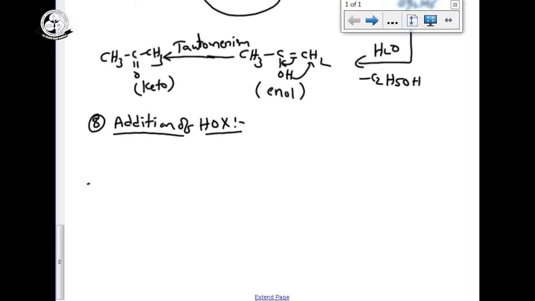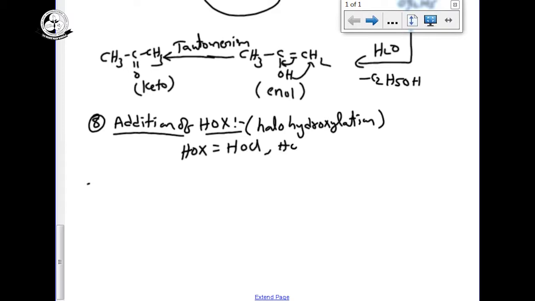Its name is halohydroxylation. HOX, previously I told you, majorly we take hypochlorous acid, HOCl, and hypobromous acid, HOBr. These two are the most familiar ones we can use.